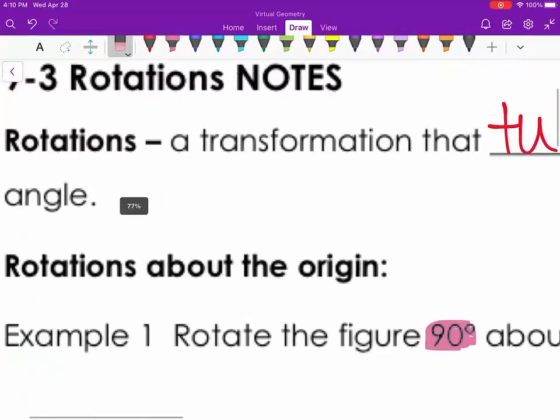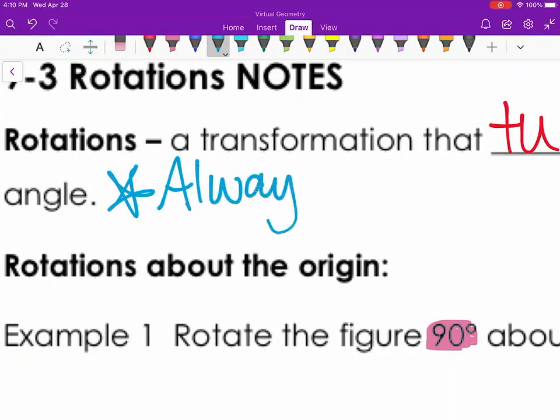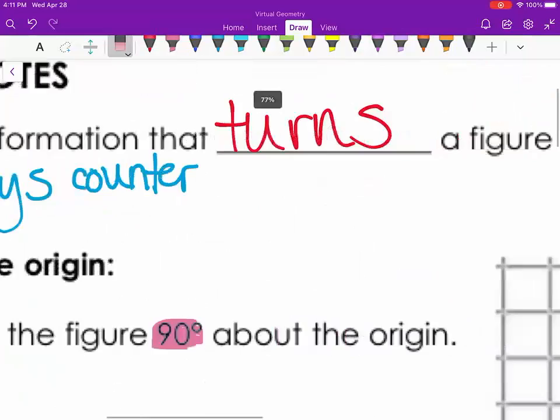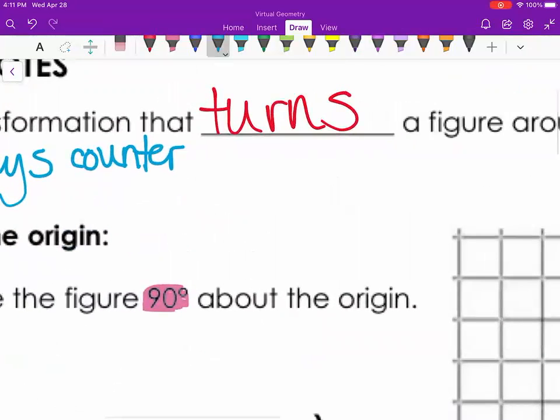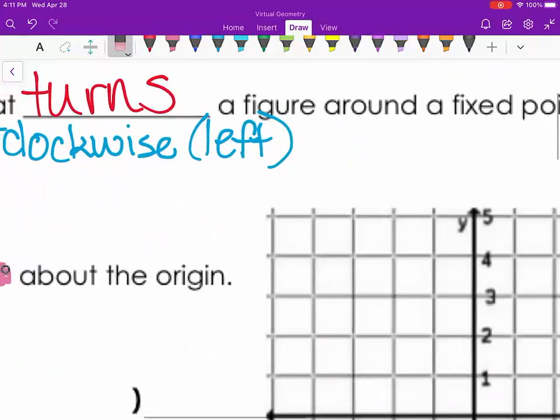So specifically, our first kind of rotation is always counterclockwise, which means we're going to turn it to the left, unless it specifically says to go a different direction.